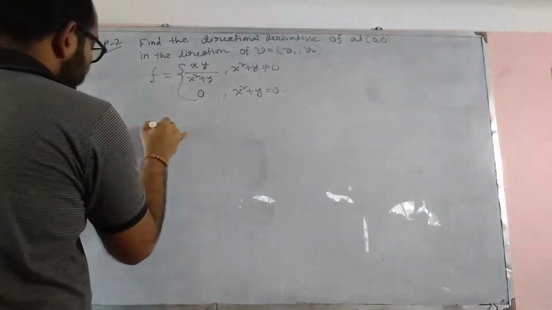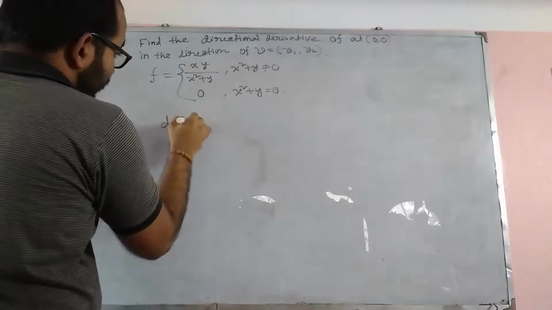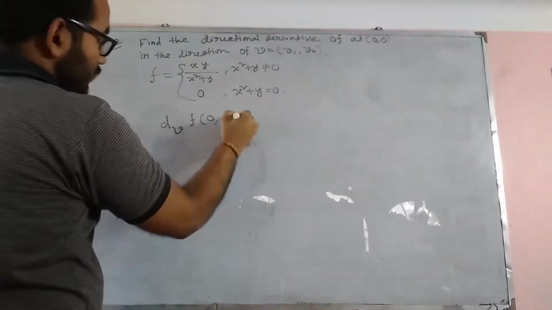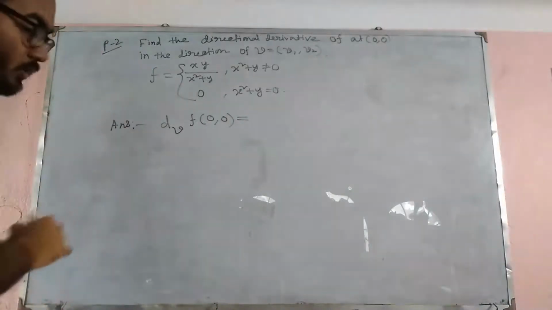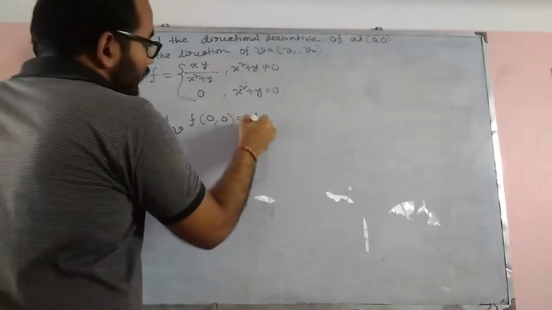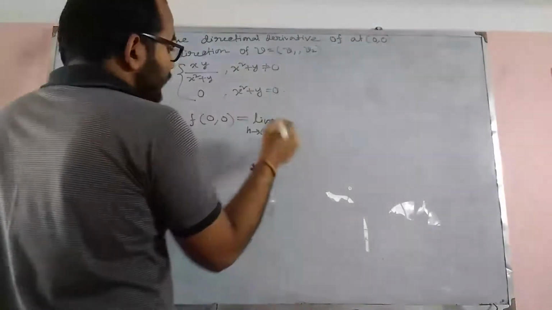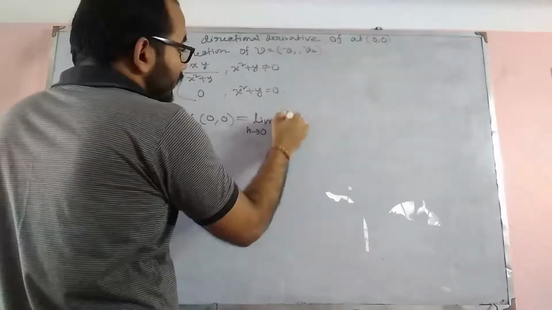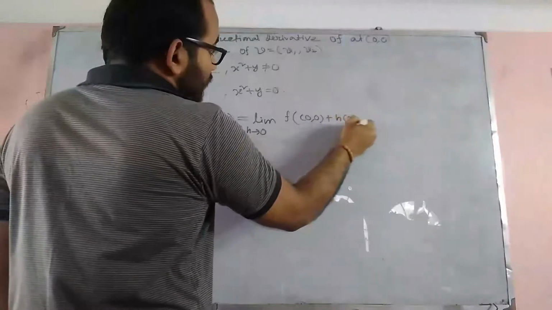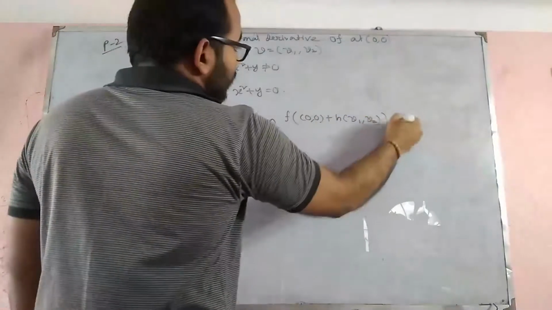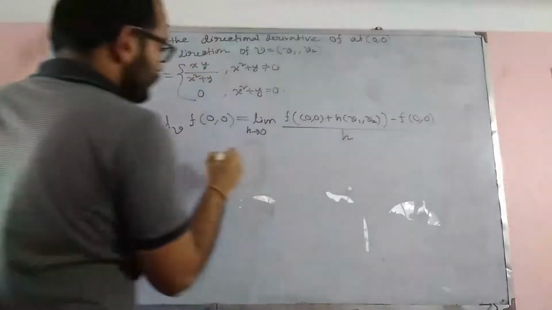So D v of f at 0, 0 is equal to the limit h tends to 0 of f of 0, 0 plus h v1 v2 minus f of 0 comma 0, by h.